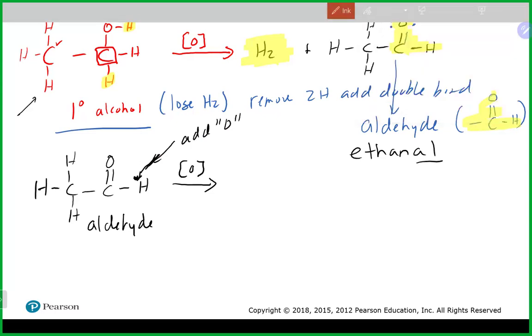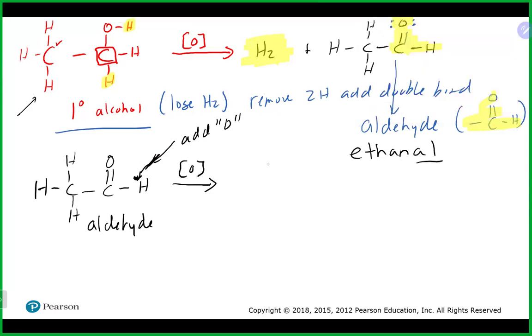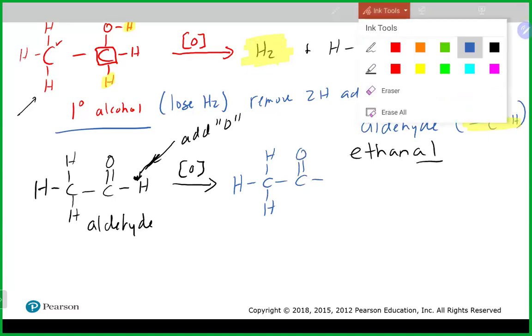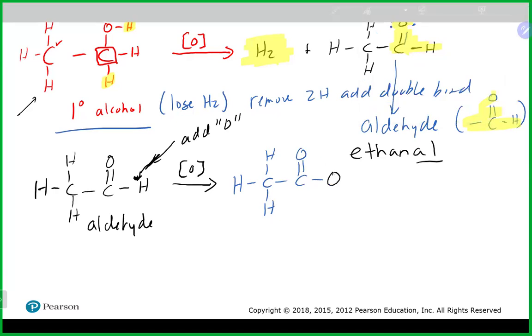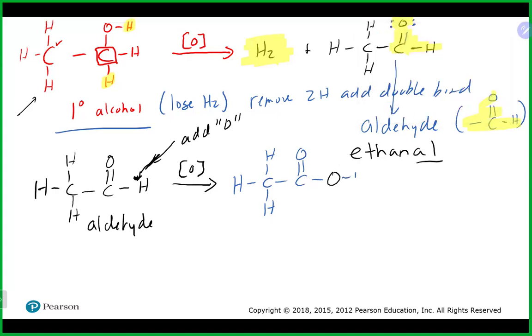And once again, nothing changes. It looks exactly the same as it does on the left, other than when we get to the end, we're going to insert here the oxygen. And I'm going to make an OH group there at the end. And that is another type of organic compound.